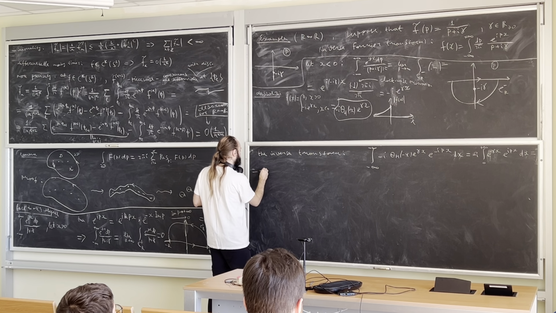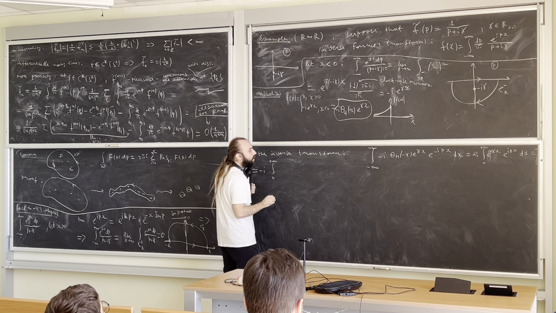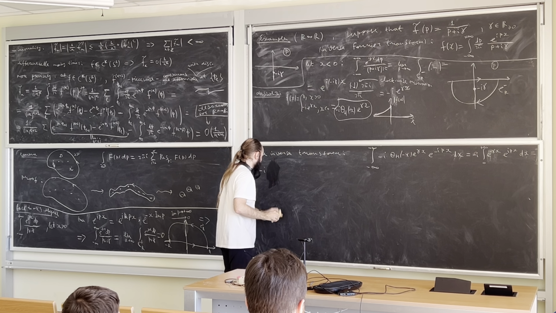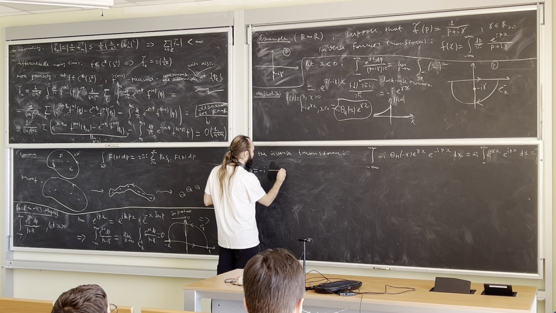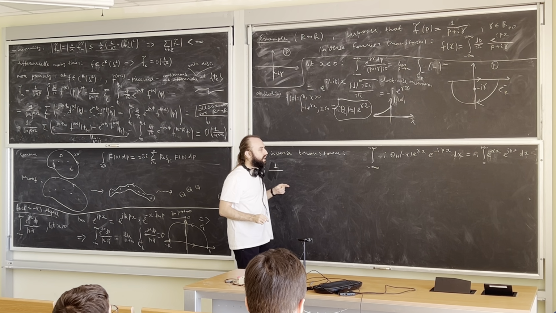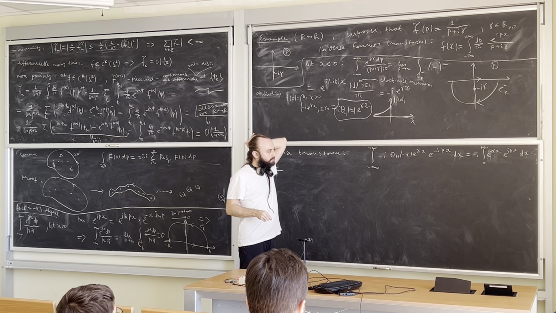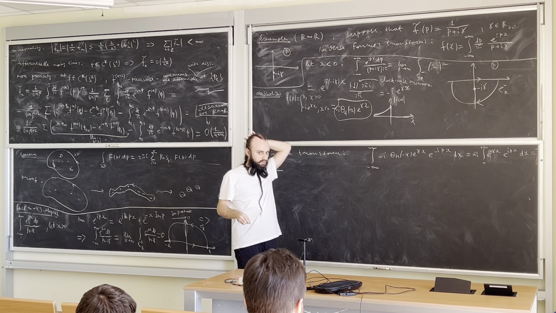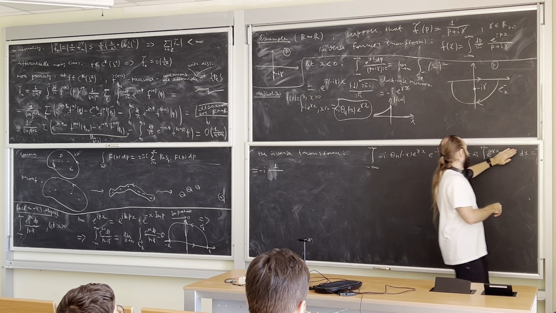So it equals minus i. Well, I can already compute it. By the way, can you compute it immediately? Negative gamma plus i p. No, I would say like this.